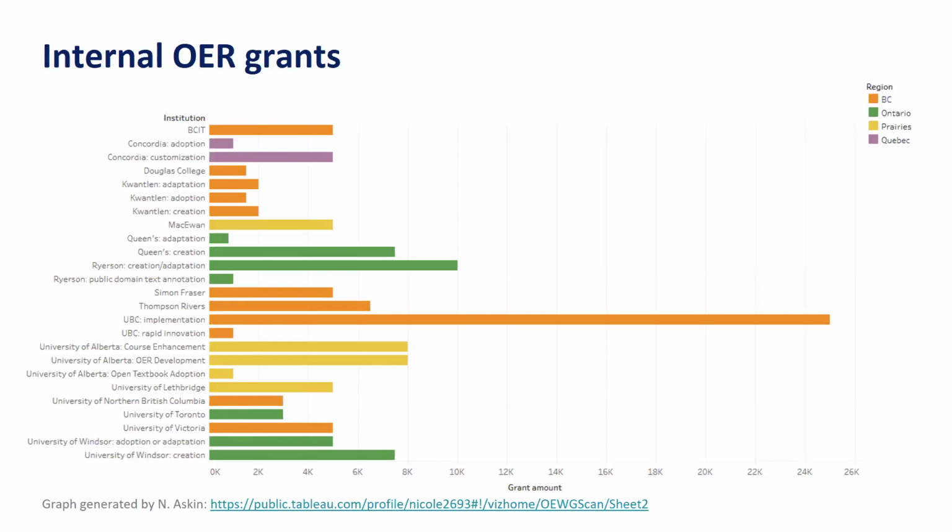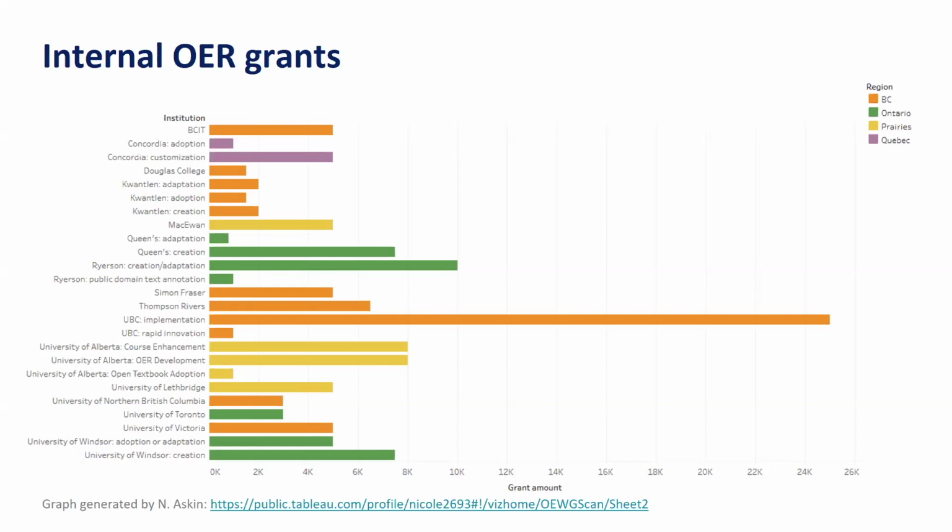The graph on this slide represents the institutions for which the grant amounts were specified. And there's a distinction being made here by the different amounts available depending on the type of activity: adoption, adaptation, creation. There are 3 institutions that are not on the graph, the University of Calgary, the University of Saskatchewan, and Seneca College, because no amount was provided, but they do offer grants.